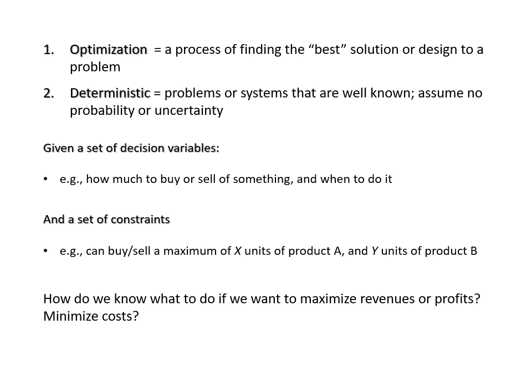So deterministic optimization centers around finding the values for a set of different decision variables. And we want to find values for these decision variables that optimize some sort of objective, whether that's minimizing cost, maximizing revenues, something like that.